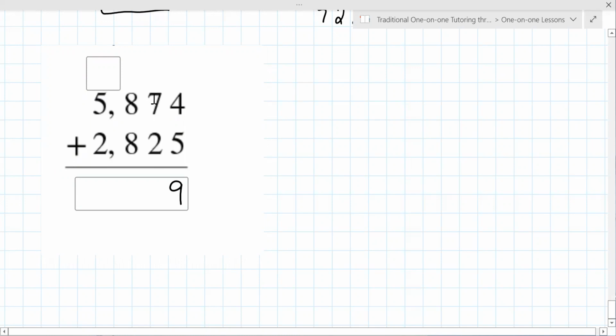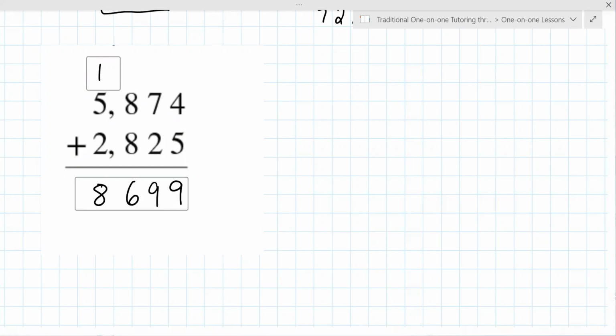What is 7 plus 2? 9, okay. What is 8 plus 8? 16, okay. What goes in this box up here? What is the carry? 1. So now you just add 1 plus 5 plus 2, which is 8. Very good. Is this difficult? Sort of, okay.